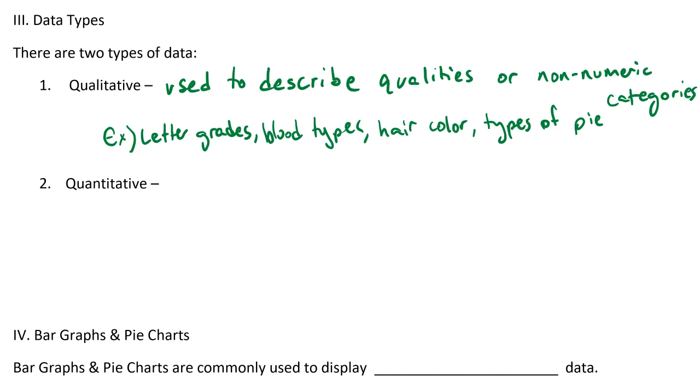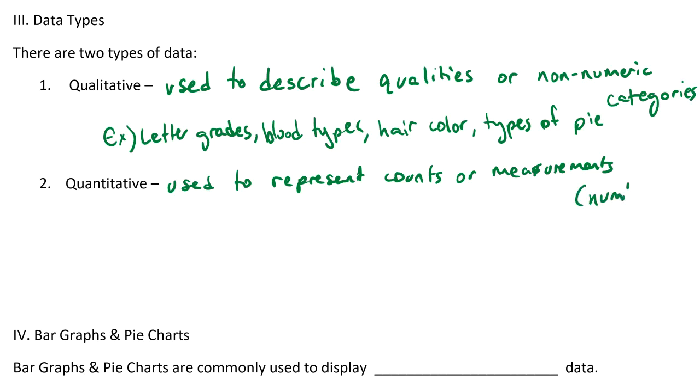Quantitative, on the other hand, is used to represent counts or measurements. So these are going to be the numbers.